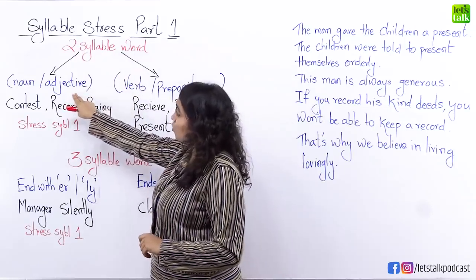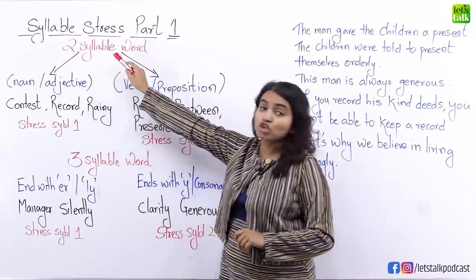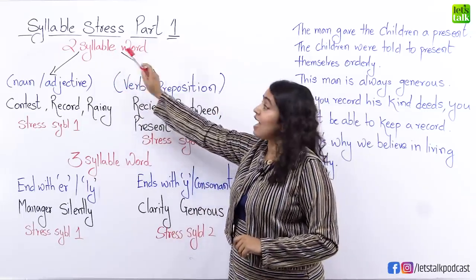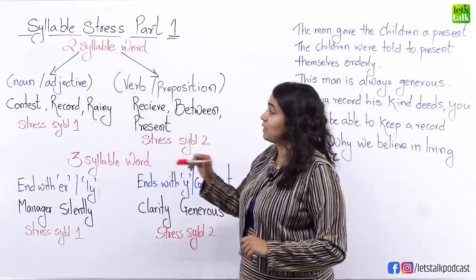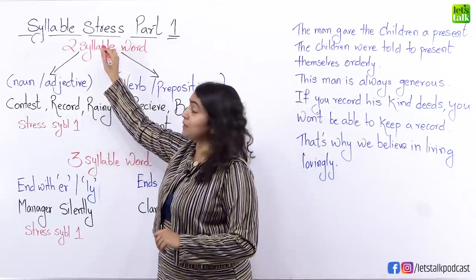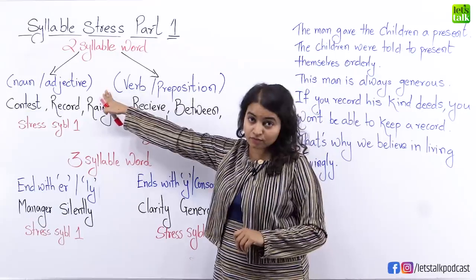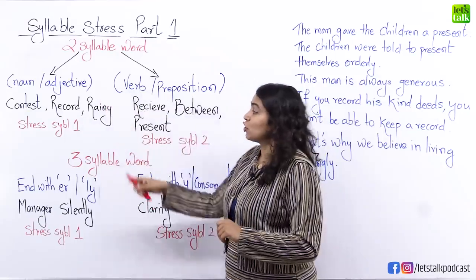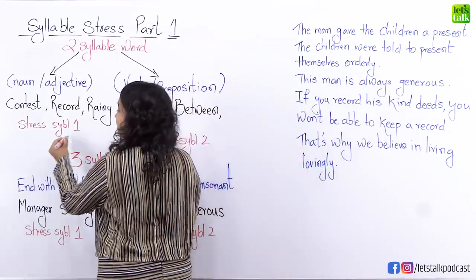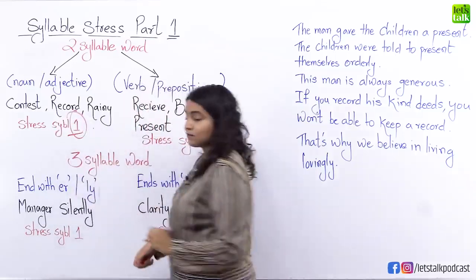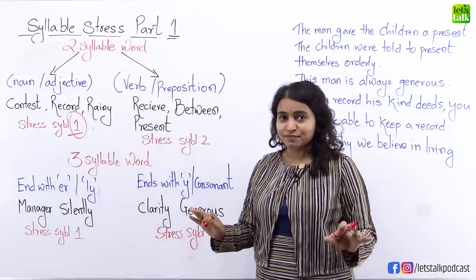Now, if we have a word which has got 2 syllables, and if that word happens to be a noun or an adjective, then you will stress syllable number 1. Let me repeat.